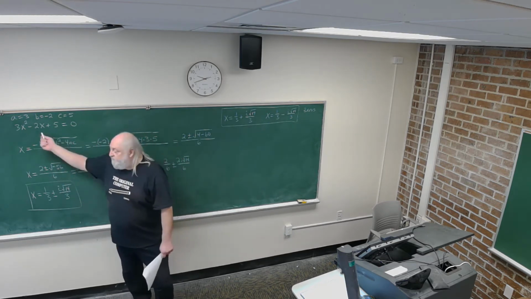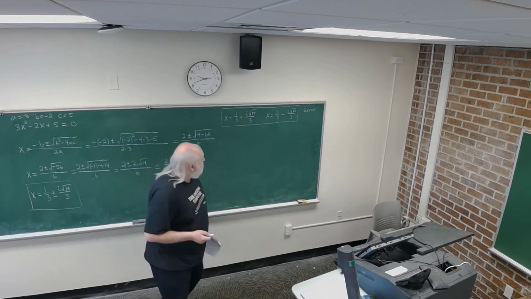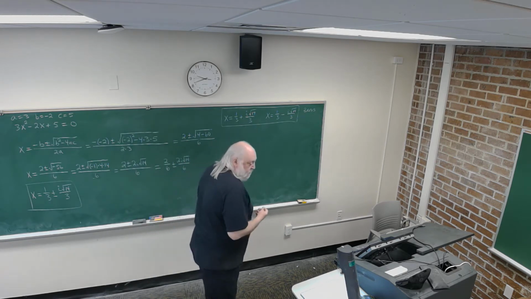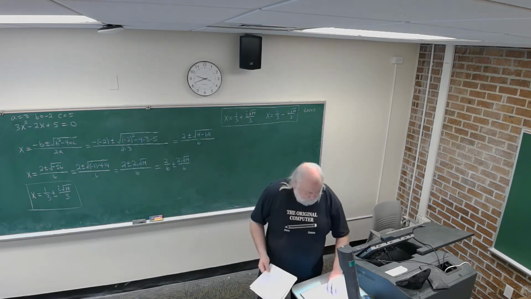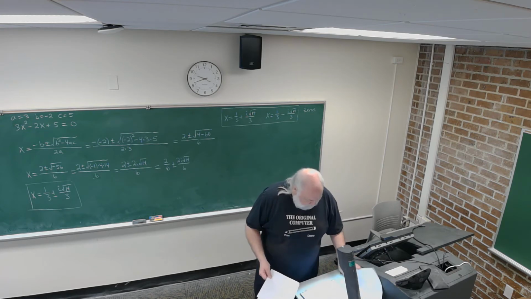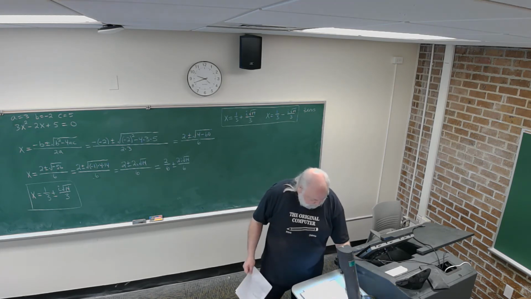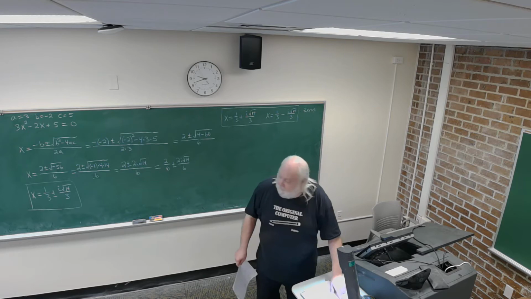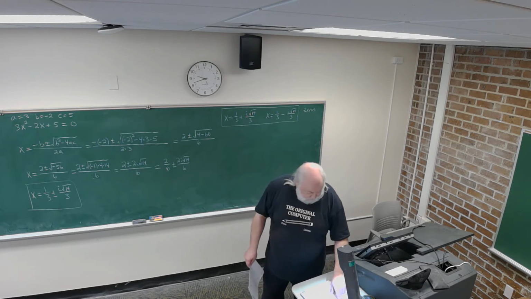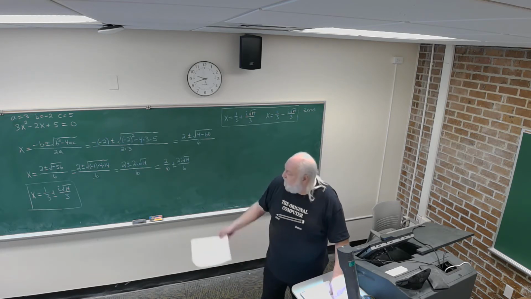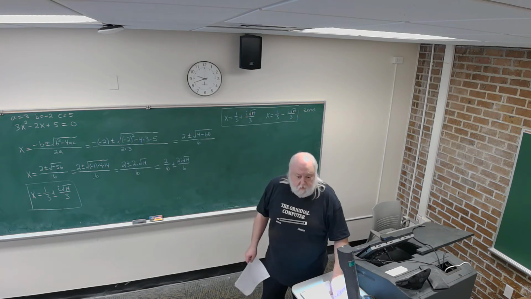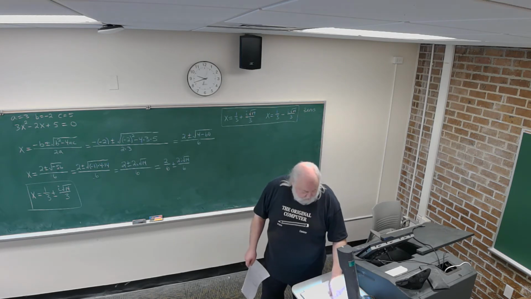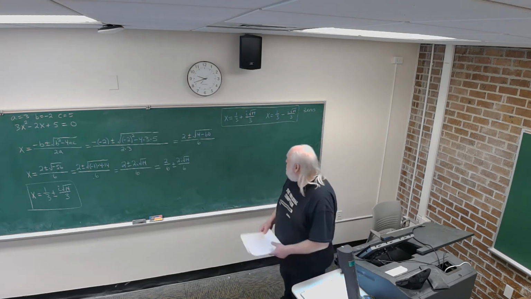But now we have to factor the left-hand side. And you know from the factor theorem at the top of page 1, if x equals c is a zero of a polynomial function, and a quadratic is a polynomial of degree 2, then x minus c is a factor of f of x.